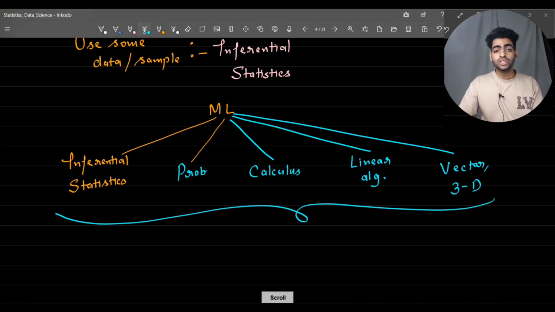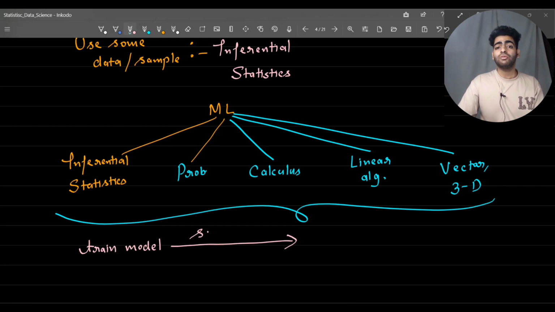In machine learning, very first we have to train our model on the basis of data. We usually train our model on sample data. Once my model is trained, we do predictions on top of some new, unseen data.